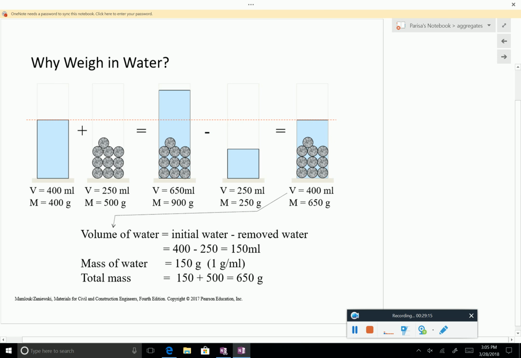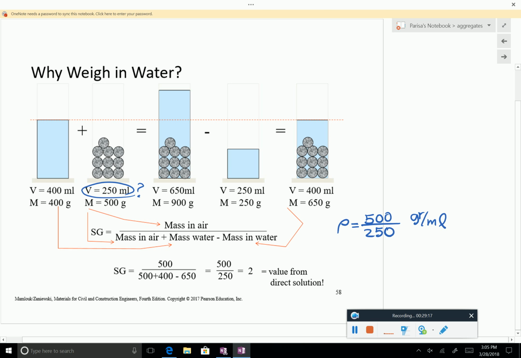Now, I can jump ahead. To get the specific gravity, it turns out that you can see it here actually. Mass in air, 500. If you then have mass in air plus mass of water, and then you subtract the mass of aggregates inside water, you are going to get basically the 250 that you were looking for.